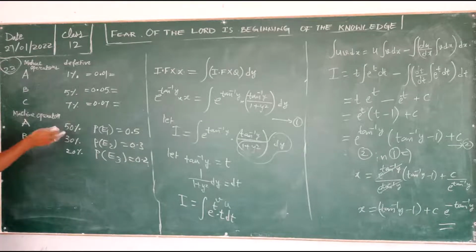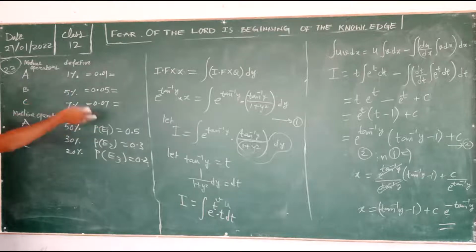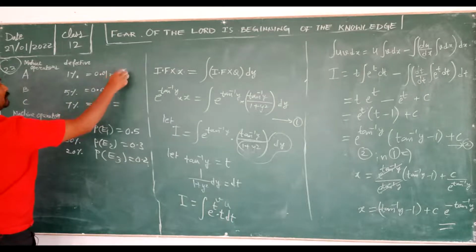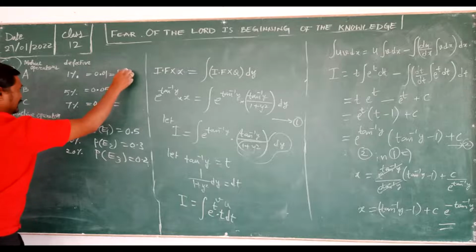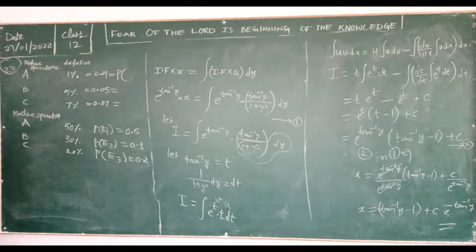Now, in this case, defective one is 1%. So here we need the probability of E upon E1. E is nothing but defective. So event E I am thinking as defective.